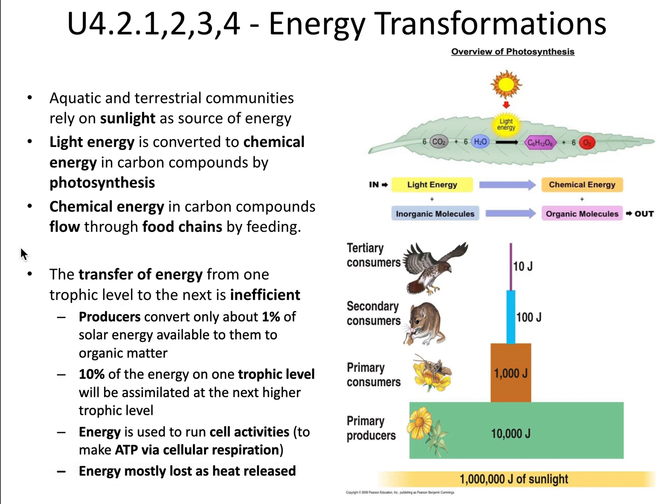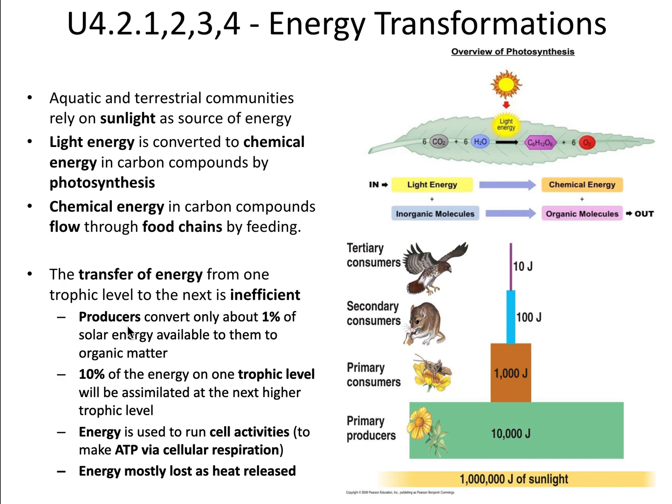So the transfer of energy, this is coming down to our fourth understanding, the transfer of energy from one trophic level to the next is inefficient. Notice I bolded some terms you need to pay attention to here. Inefficient because of how much energy is lost as it's moving through the food chain. So producers actually, we always say they produce 100% energy.